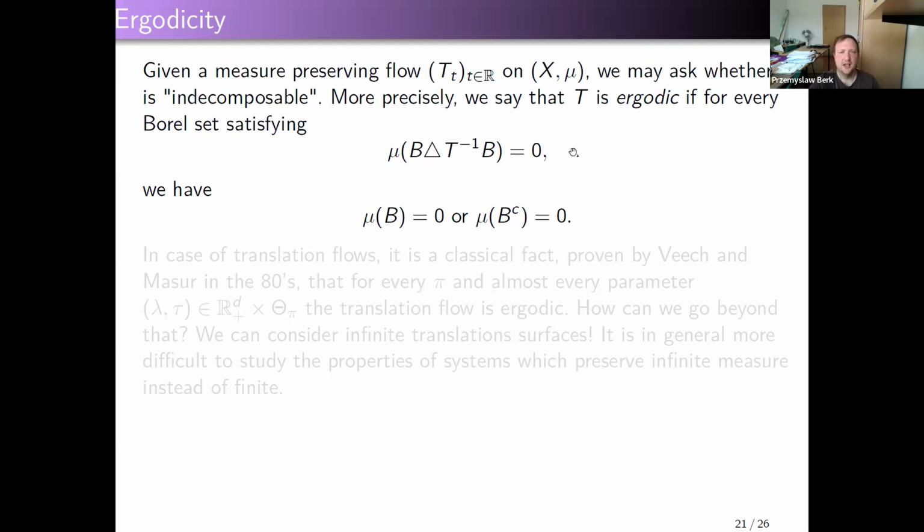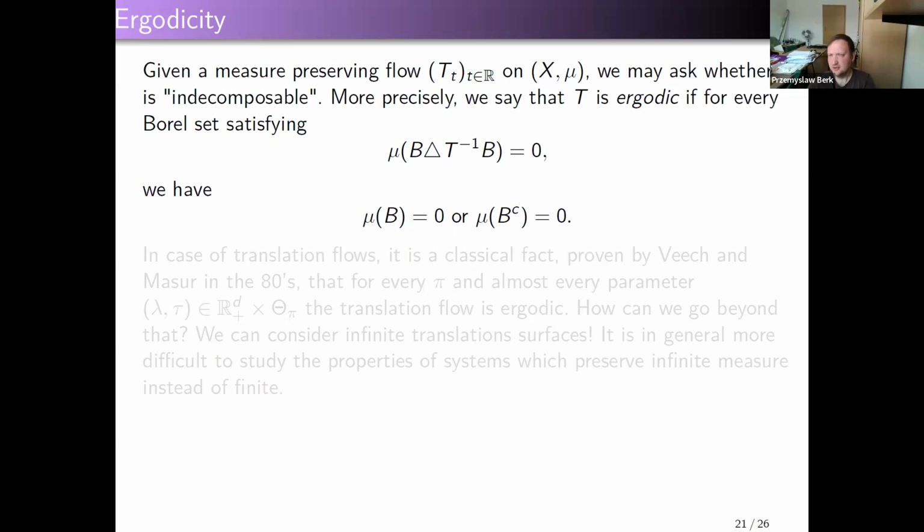So you take the set B and you flow it for every t, and if you stay always inside the set B, then we say that the flow is going to be ergodic if all such sets are trivial, which means that either they are invisible for the measure or their complement is invisible for the measure. So it's a null set in the appropriate measure.